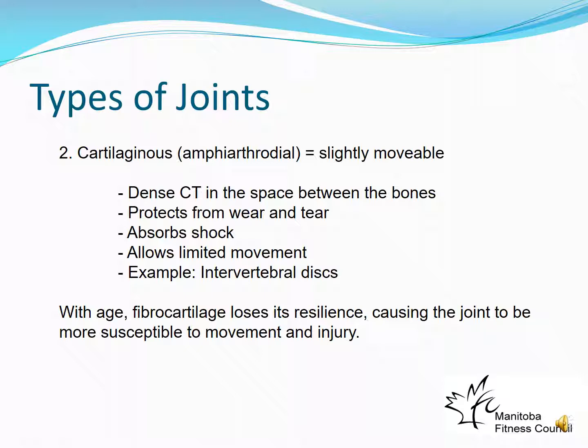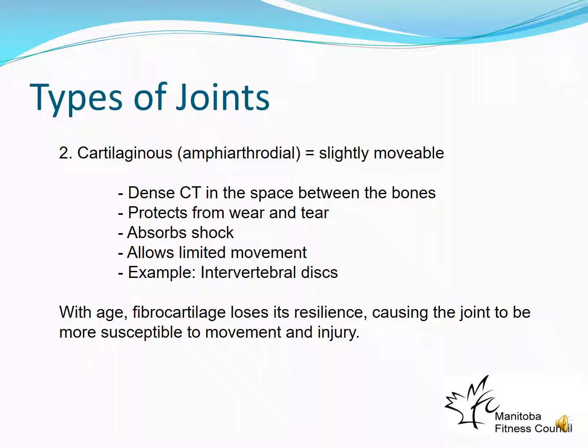The second type of joint are the cartilaginous joints. Cartilaginous joints. These are still only slightly movable bones. So the most common example is actually in your vertebra, your intervertebral joints.